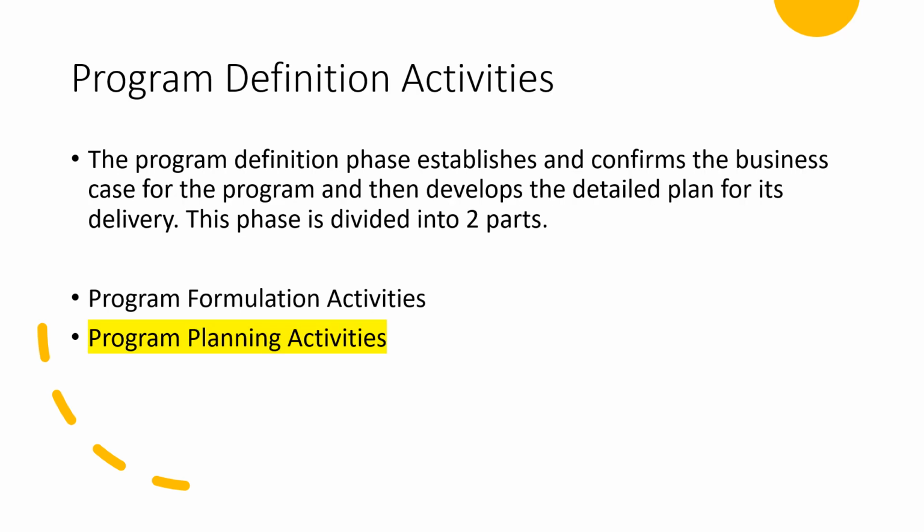The program definition phase establishes and confirms the business case for the program and then develops the detailed plan for its delivery. This phase is further divided into two parts: program formulation activities and program planning activities. I have already given a couple of videos on program formulation activities. You can go and refer to those. Today we are going to talk about program planning activities.